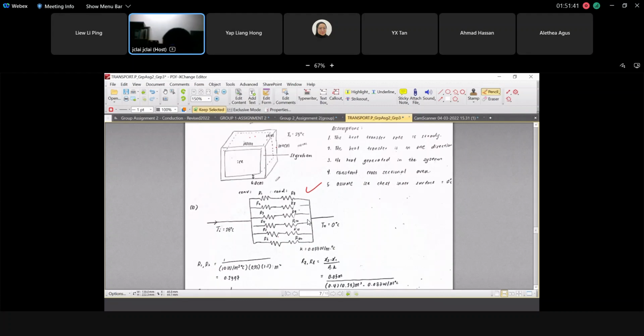So heat is being transferred from outside to inside because the temperature outside is higher than inside. Inside is ice, right? So that's why here first is the convection, then after that is conduction.